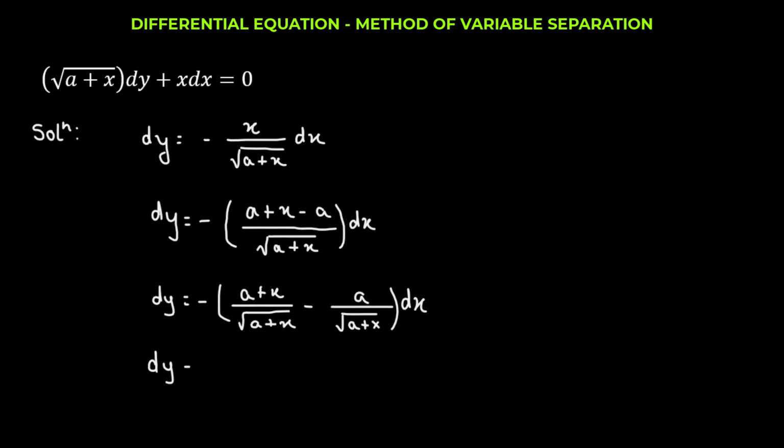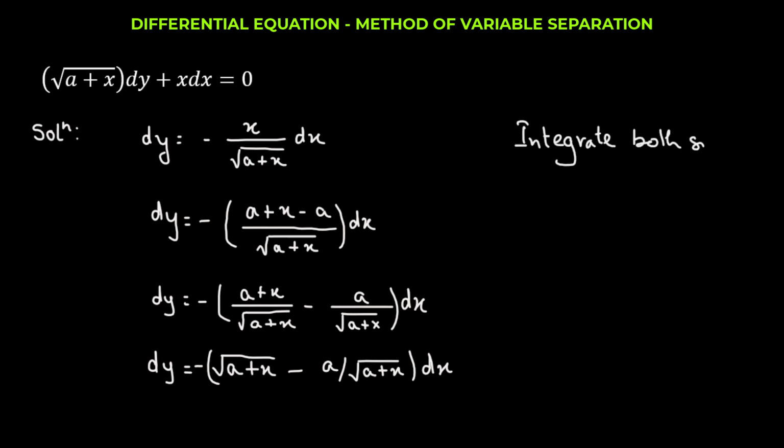Or simply put, dy equals negative of the square root of a plus x minus a divided by the square root of a plus x. Now since this is in the separable form, we can integrate both sides to get the integral of dy equals negative of the integral of (a plus x) to the power of half dx, plus a times (a plus x) to the power of negative half dx.